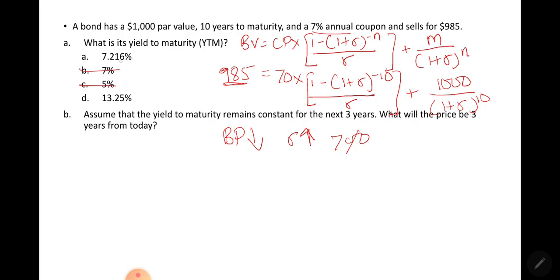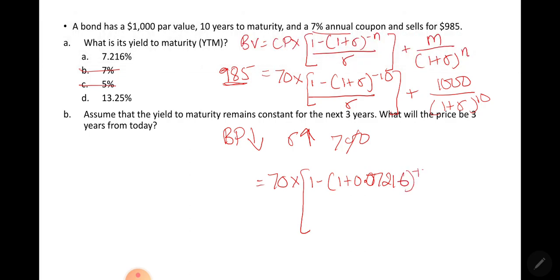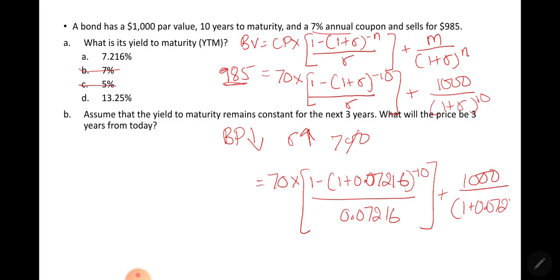Either your answer is 7.216% or 13.25%. So if we use the first interest rate, 7.216%, and we solve this equation, we get an answer of 984.97.